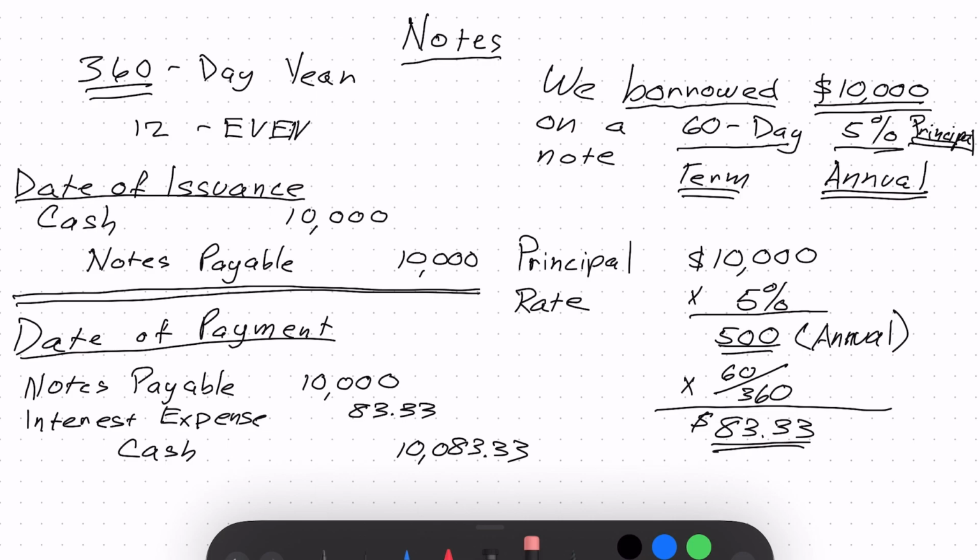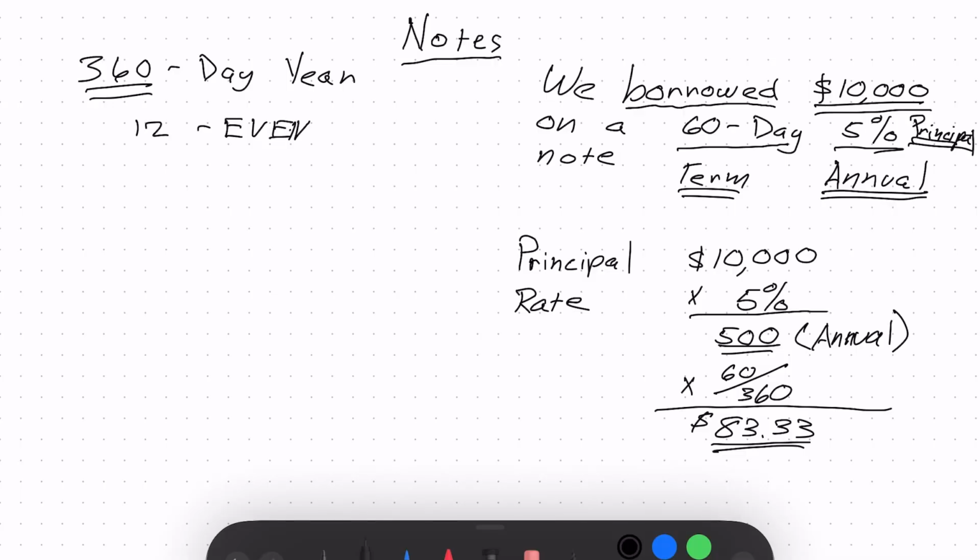So let's talk about some words we may hear about our loans. I'm going to erase part of this over here, specifically the journal entries. So the first term we may hear is principal, and that's the amount that we actually borrowed or that we lent. On this one, it's going to be the $10,000. We may ask for the interest rate.